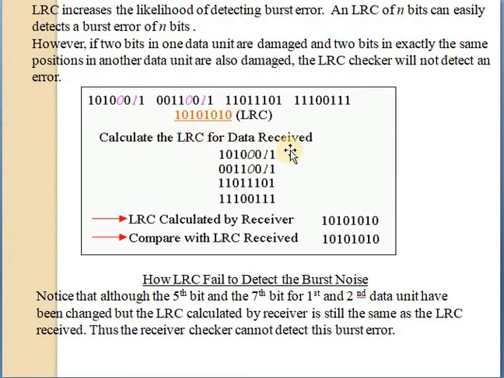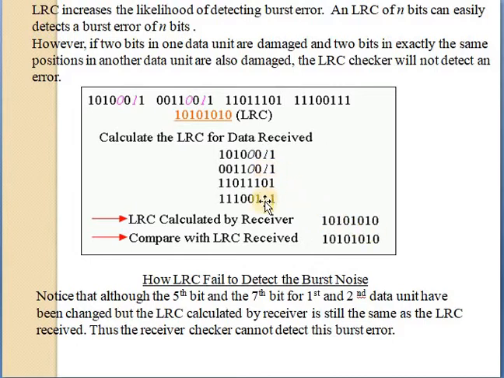Calculate the LRC for the data received. This is the data received by the receiver. The receiver calculates the LRC, and the LRC calculated by the receiver is 1 0 1 0 1 0 1 0, because in the first column the number of ones is even, so we add a 0.